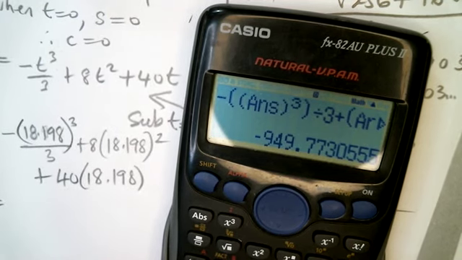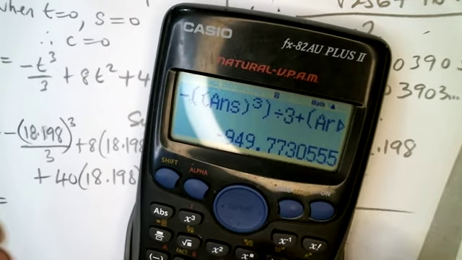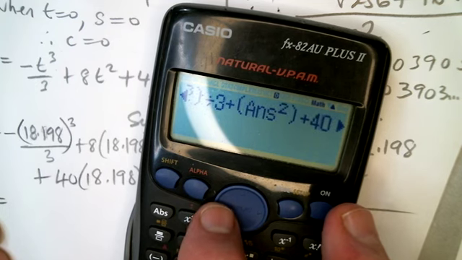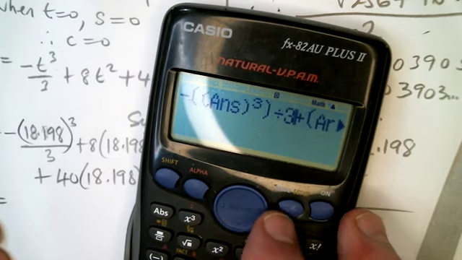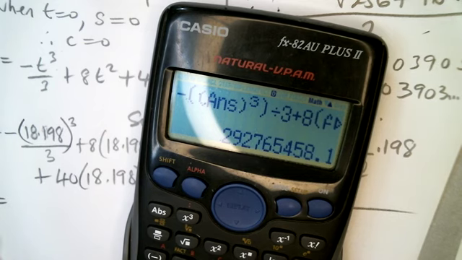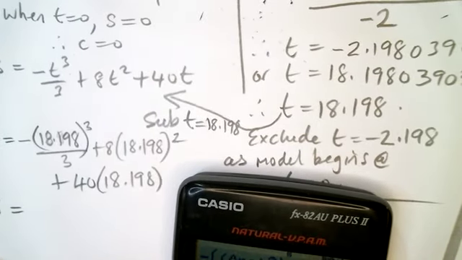I'm wondering why we're doing that. Let's have a look here. Oh, it's going to be 3 times the answer squared, so we've got to put plus an 8 in there. Now let's see where we end up. Crikey, that's a huge answer. Hang about.